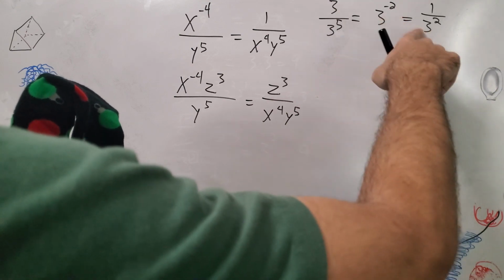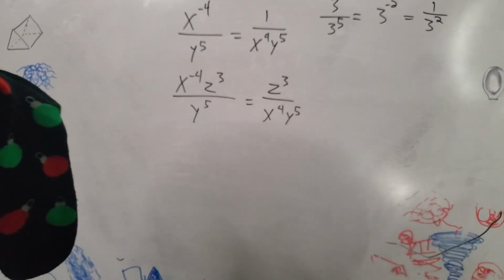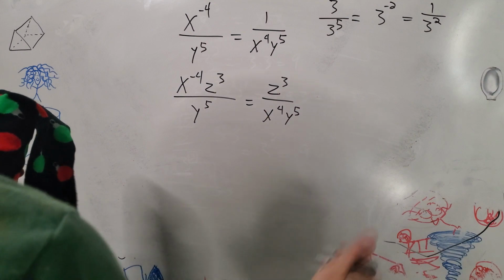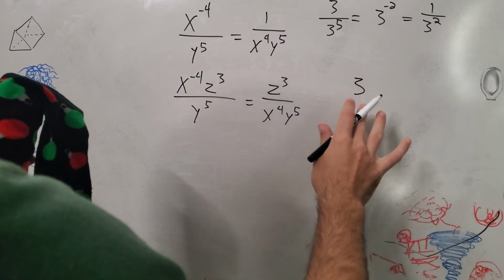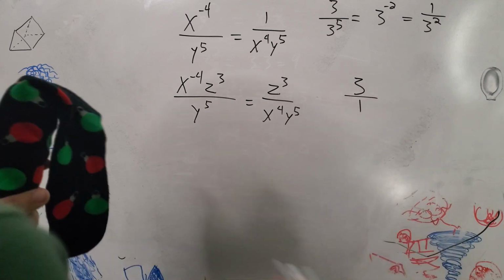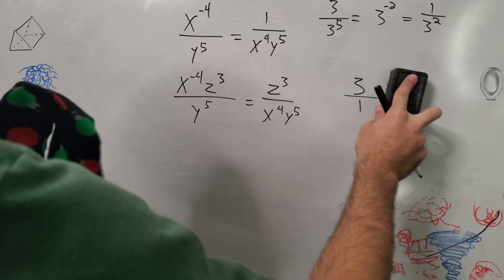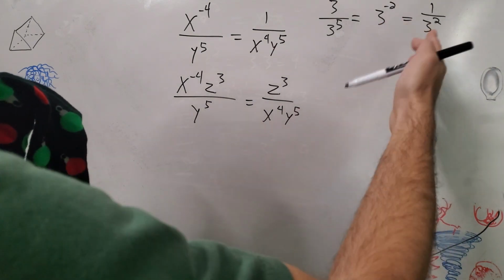Because you'll see you get the same result. 3 to the negative 2nd is 1 over 3 to the 2nd. If you're curious about where that 1 is coming from in my numerator, always remember, anything by itself is technically being divided by 1 at all times. We just don't do that extra step for every single number, every single digit. However, it comes in handy when you have to flip over a whole number.